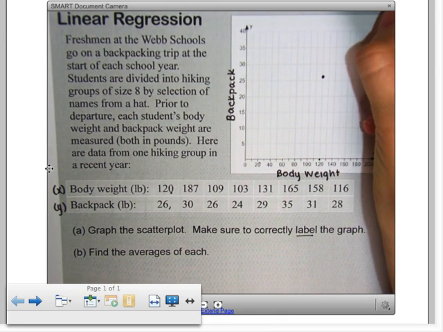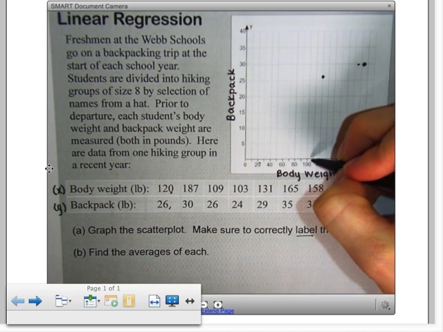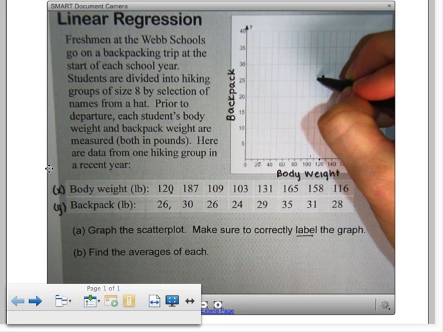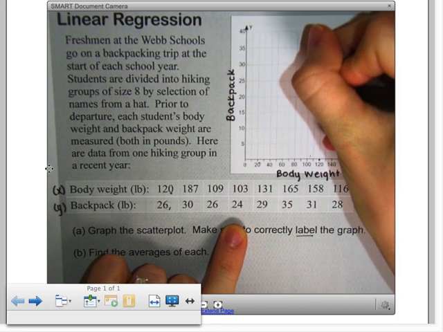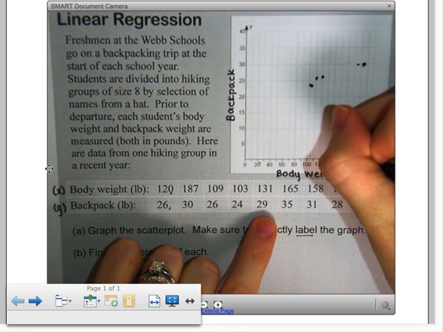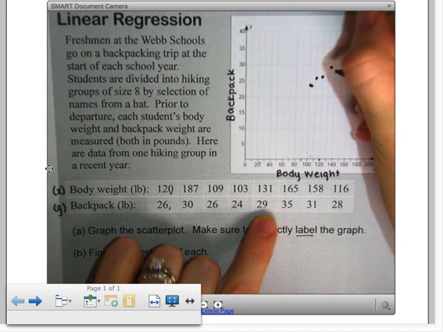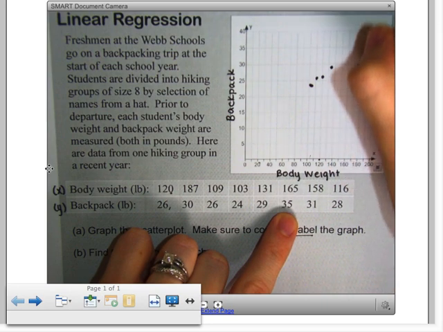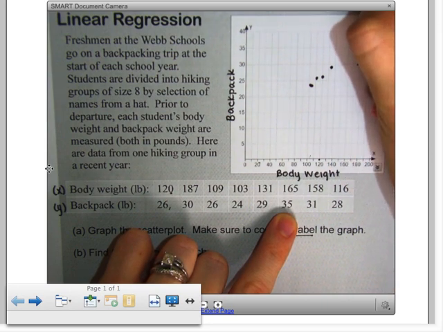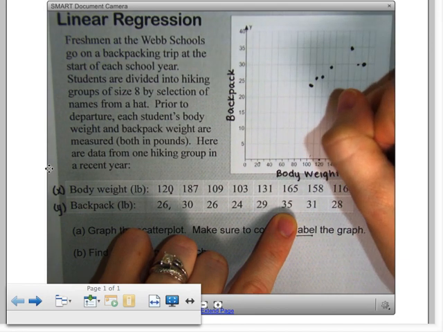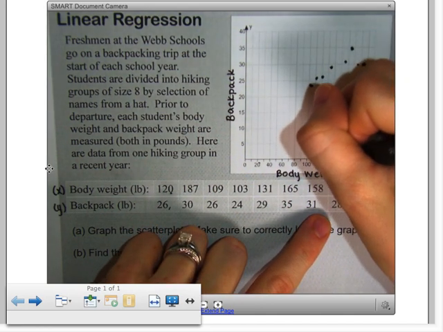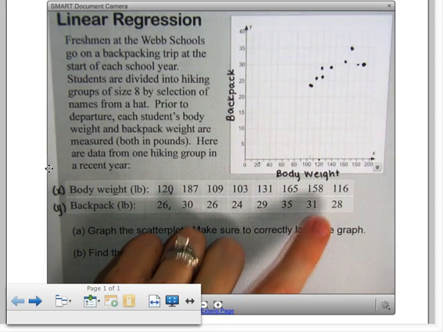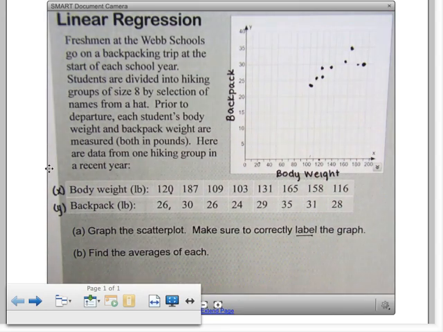Okay, so go ahead and finish graphing all of the points. Okay, so it should roughly look something like this.